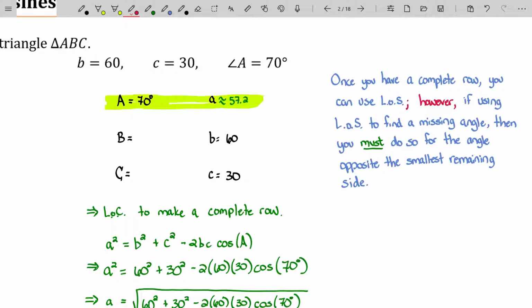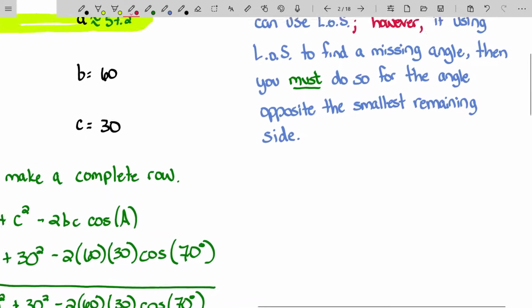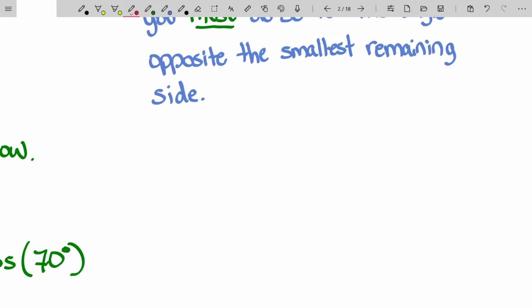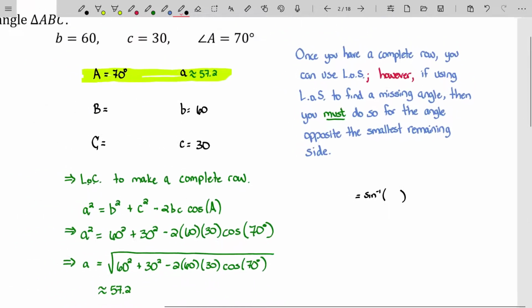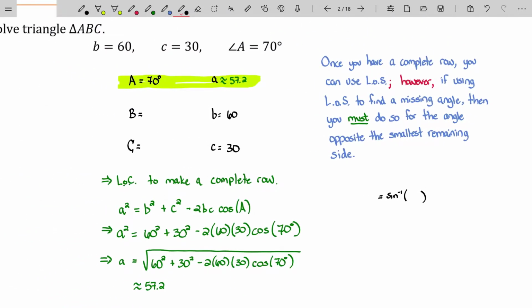When you use the law of sines, you're going to use a sine inverse at some point to find the angle. And if you use a sine inverse to find an angle, let's just say we're using sine inverse on some expression, and let's just pretend we want to return angle B, this angle right here.